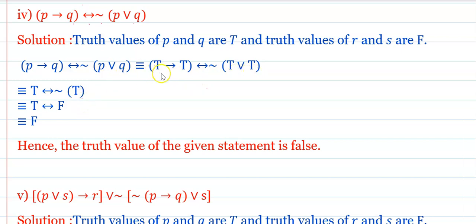T, double implication. Negation of T is F. Now here in double implication, both are different. Therefore, it is F. Hence, the truth value of this given statement is false.